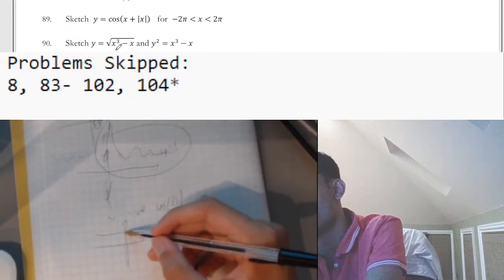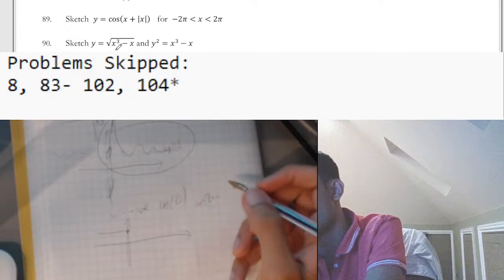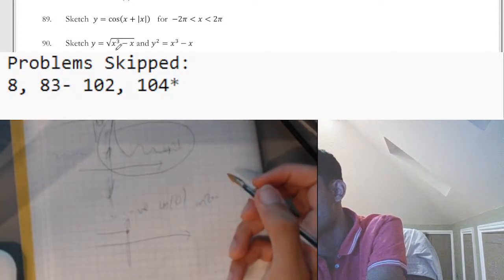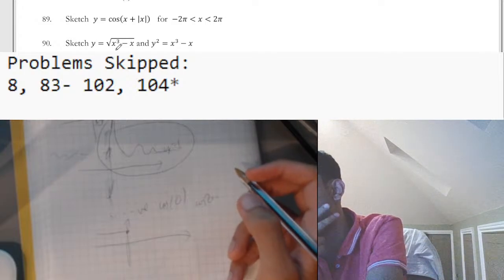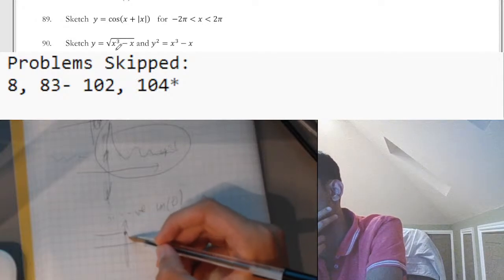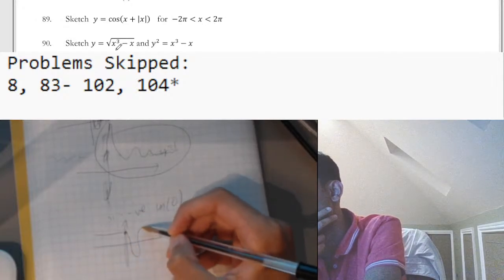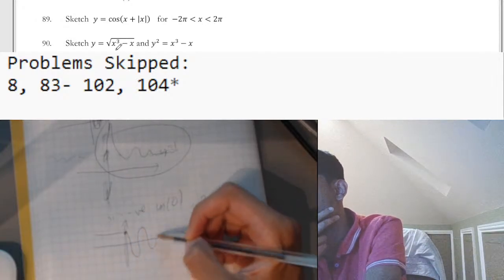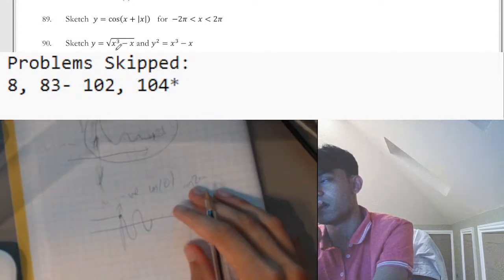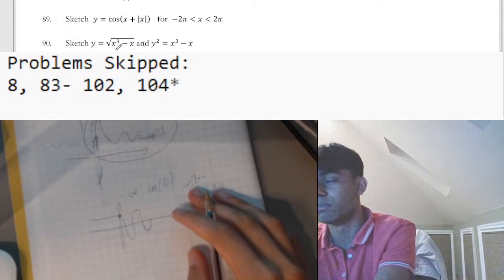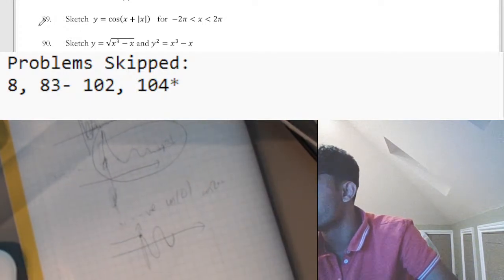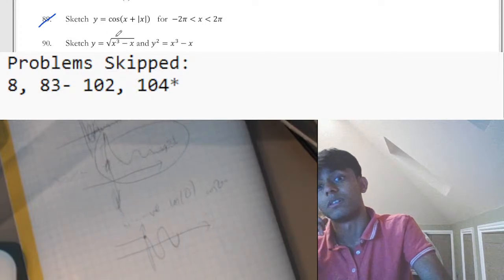So at pi, or even pi over 4, it's going to be 0. It's just going to be a squashed version, a stretch with a factor of half. I think this is the easiest graph sketching one so far.